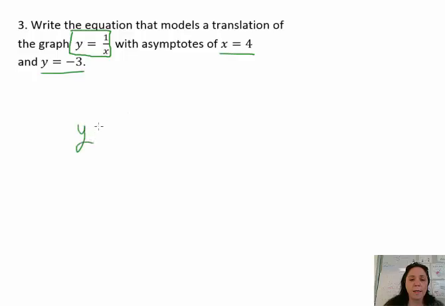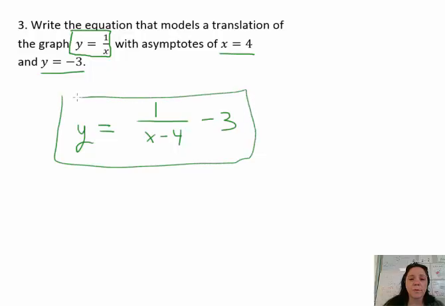So I'm going to write y equals, that's not giving me a stretch, compression, or reflection, so it's going to be 1 over, and then I need x minus h, which is x minus 4, and I need my plus k on the end here, which is minus 3, and there I have the function with asymptotes at x equals 4 and y equals -3.